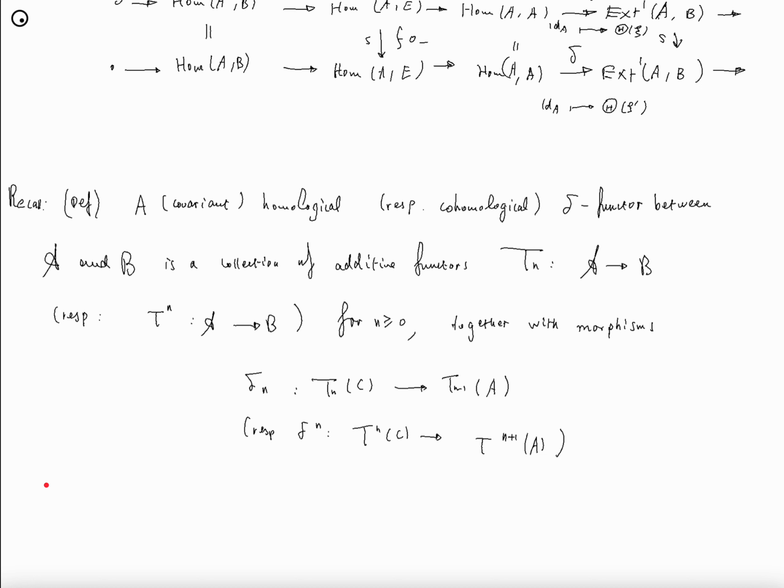And this is defined for a given short exact sequence A to B to C. So in our case above, this is Ext^i(A, -) applied on this short exact sequence, the extension short exact sequence.